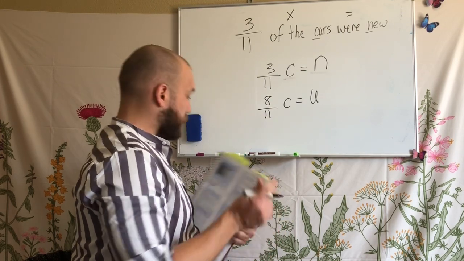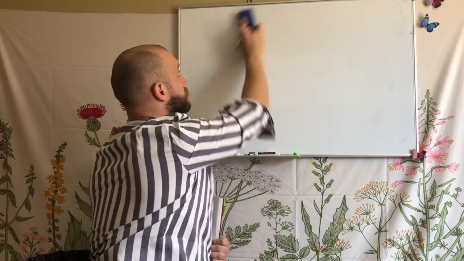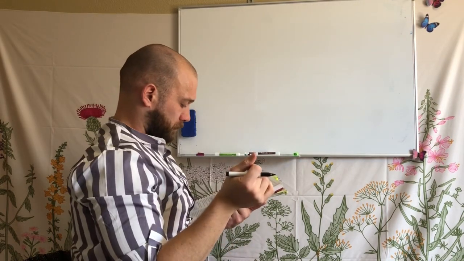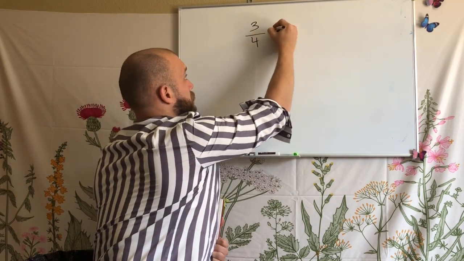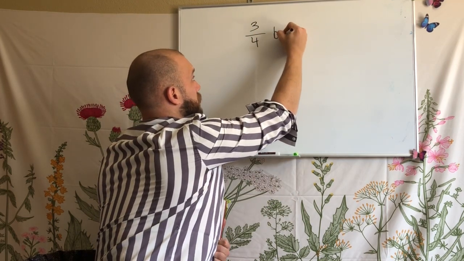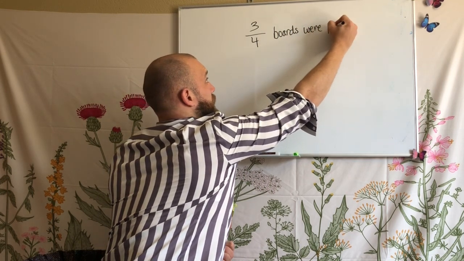So let's do another one for practice. Three-fourths of the boards were painted. Boards were painted.